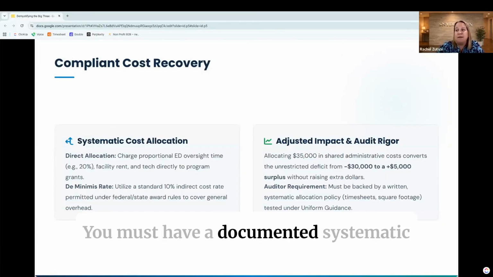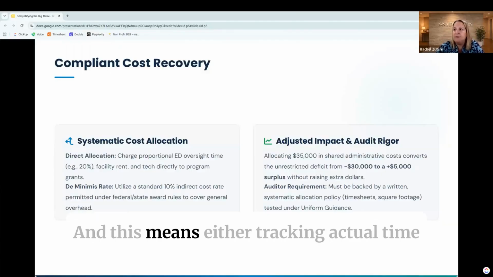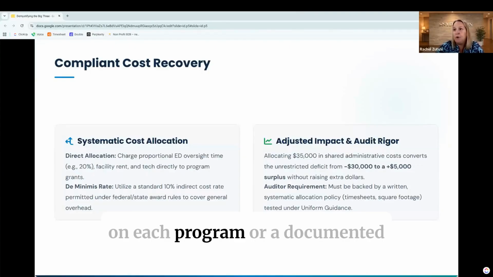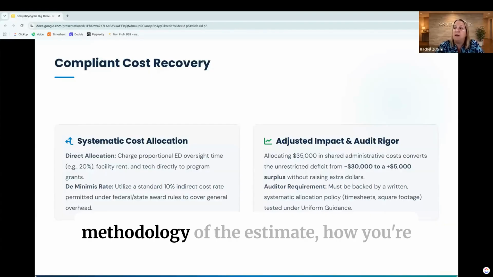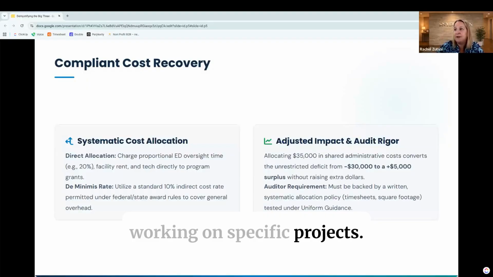So you must have a documented, systematic cost allocation methodology. This means either tracking actual time that your employees spend via timesheets on each program, or a documented methodology of how you're estimating the time that your folks are working on specific projects.